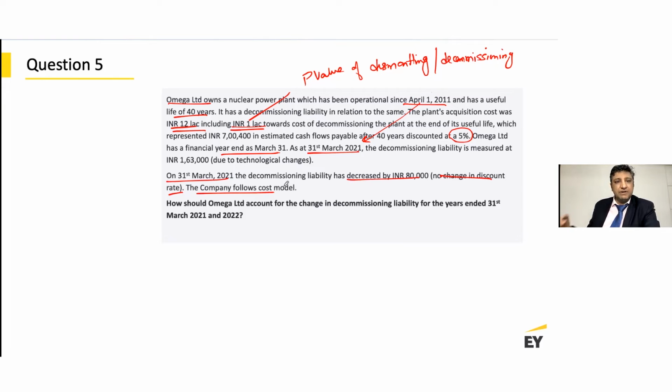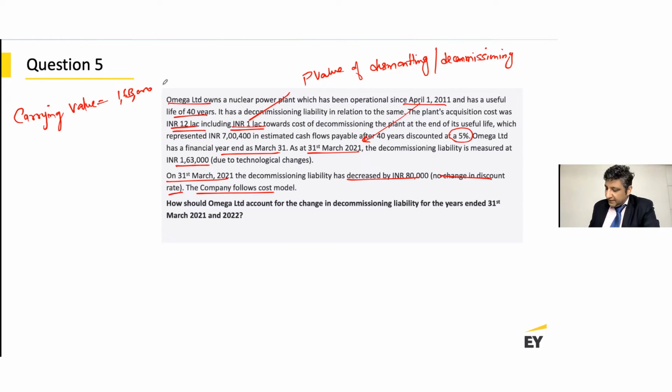So what we are understanding from here so far is that in the books we have this decommissioning liability. So the carrying value is 1,63,000.